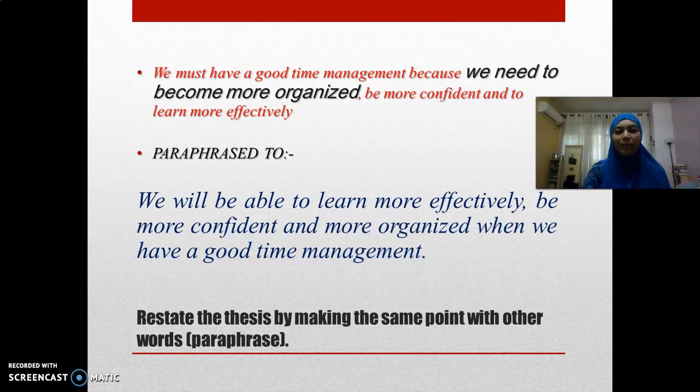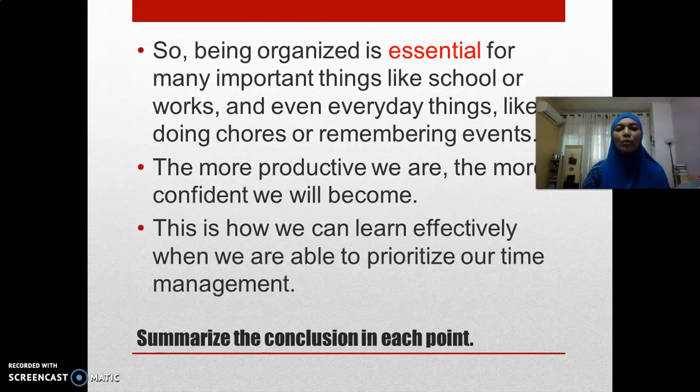After that, you have done your first sentence, that is, restate the thesis by making the same point with other words, meaning you paraphrase. Now we go to the second. The second sentence is you need to summarize the conclusion for each point. This point is taken from the conclusion of my first point.